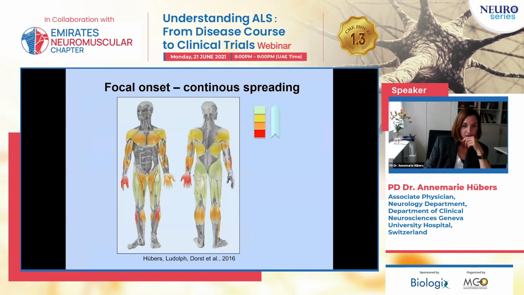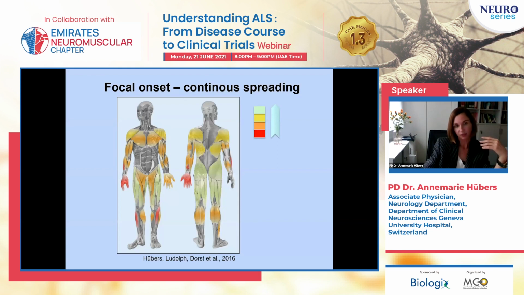For this study, we included 700 ALS patients, and we found that on the clinical level, there seems to be something like a distinctive spreading pattern, which is characterized by onset of the disease in the distal muscles, like you can see here in the hands or in the calf muscles.